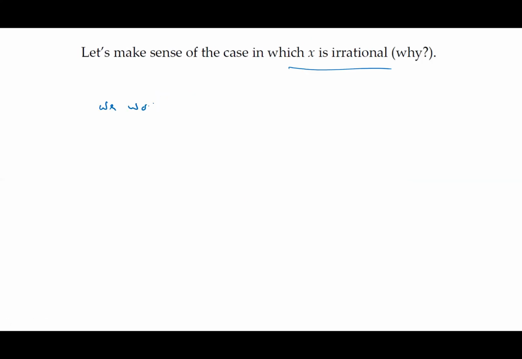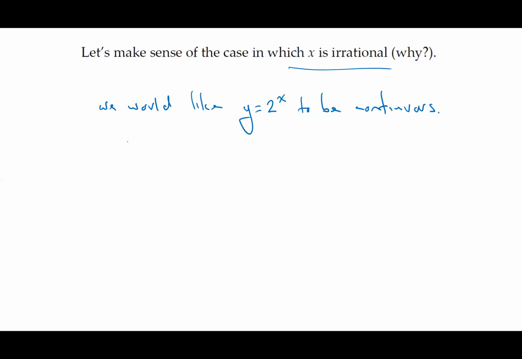We would like y equals 2 to the x to be continuous. And after all, what does continuity really mean? Well, it means that the limit as x goes to a of f of x is equal to f of a, right? That's continuity.